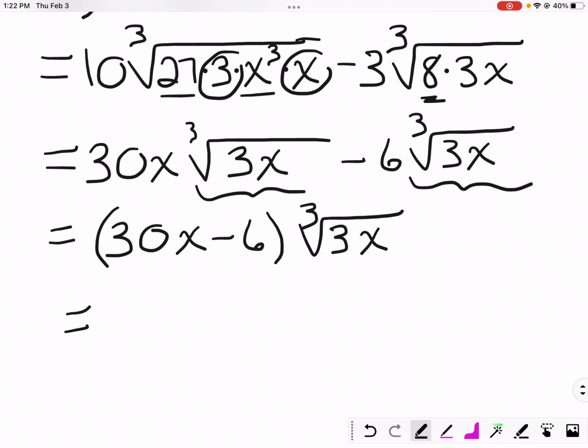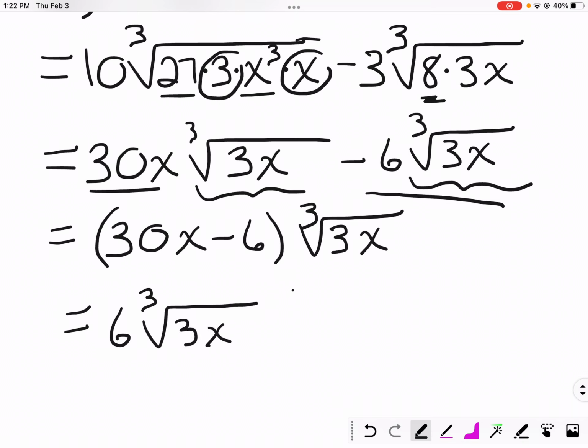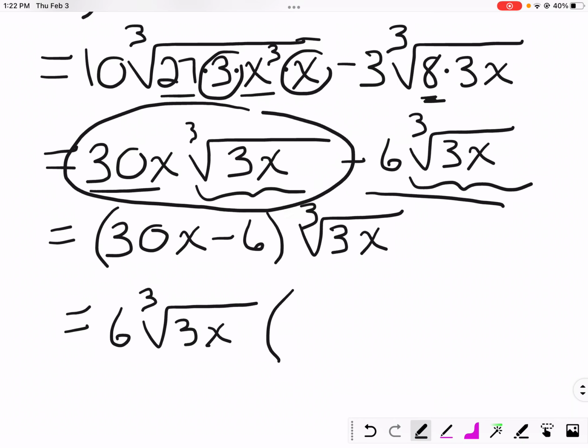I could have looked at this and said, you know what, each of those has a common factor of 6 cube root of 3x. And what happens if I divide this term by 6 cube root of 3x, I would be left with 5x.